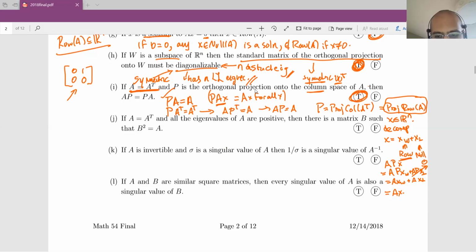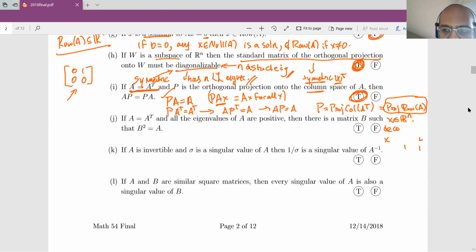Okay, so that was that. Now let's get to the next one. If A is symmetric and all the eigenvalues are positive, then there's some B so that B squared equals A. That's actually kind of a cool question. Any thoughts on how to proceed?